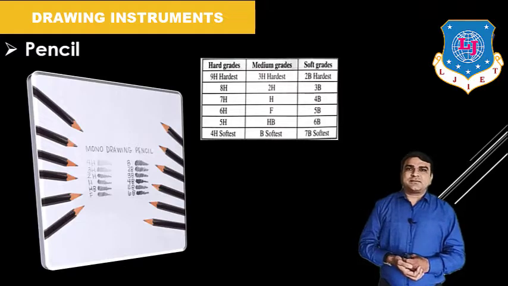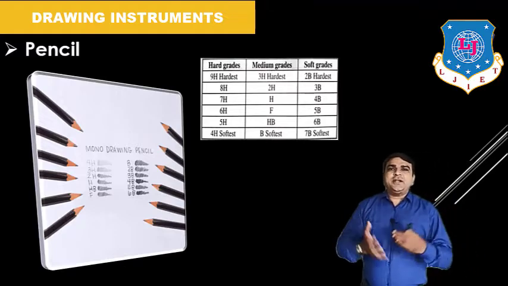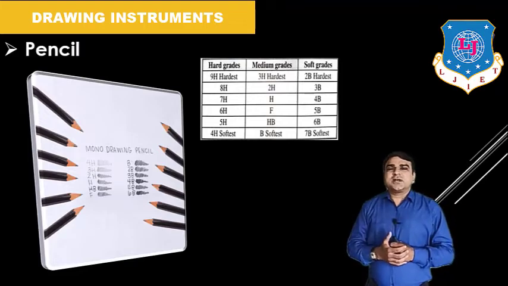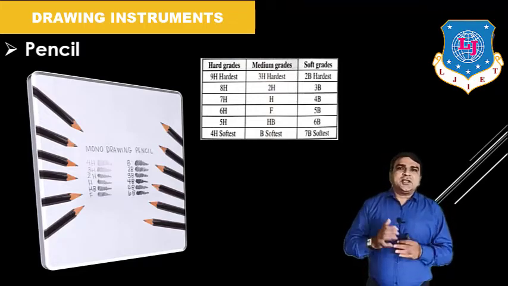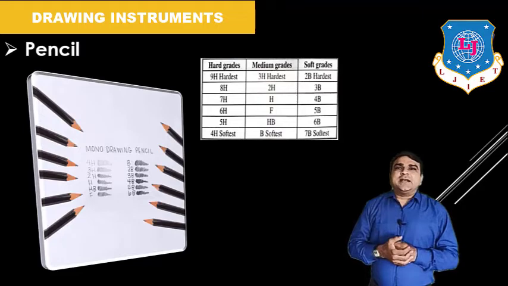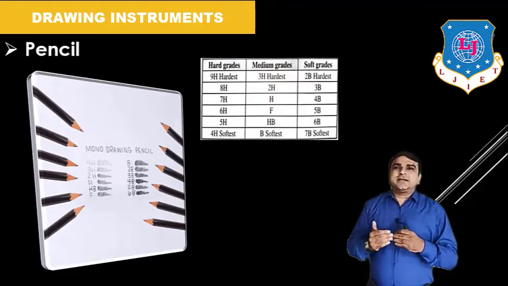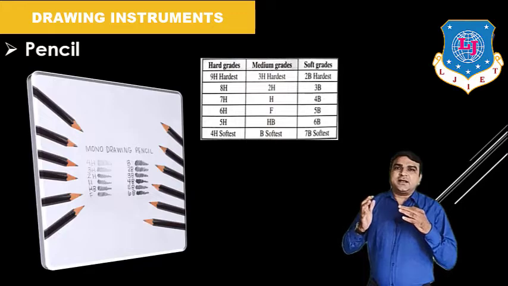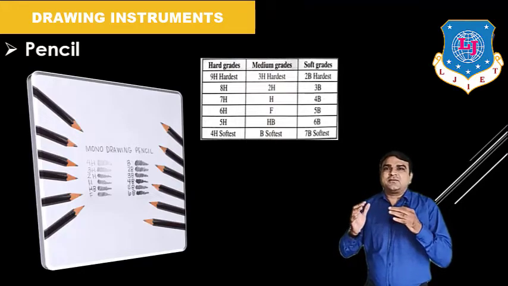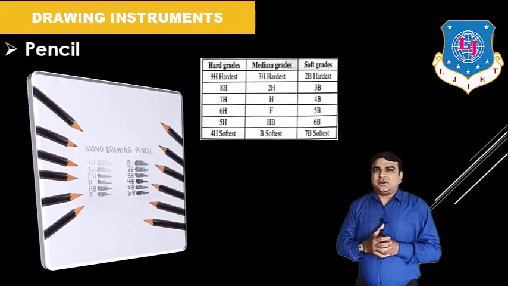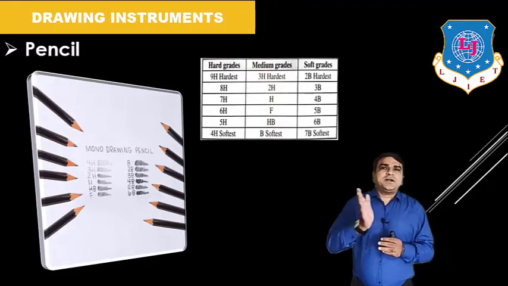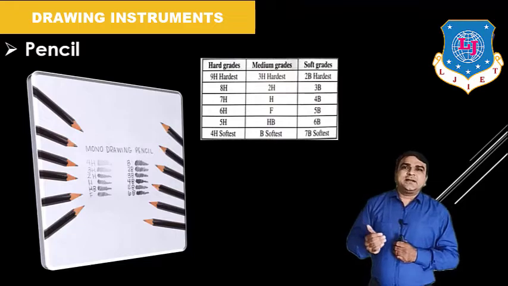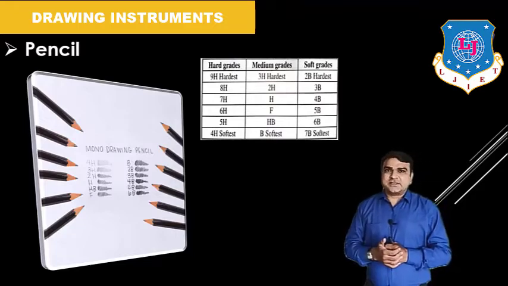Now pencils. Any drawing is a combination of different horizontal, vertical and inclined lines, in which some lines are thick, some thin, some very dark, some very light. For these different variations in the drawing we need different pencil grades.